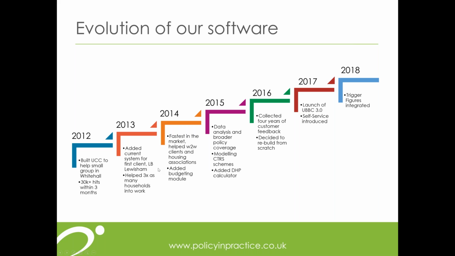With engagement with various different clients, we have developed the calculator over time. With London Borough of Lewisham, we mapped the legacy system into the Universal Credit Benefits and Budgeting calculator to see what the impact of moving from the legacy system to Universal Credit is going to be for residents. As such, we helped Lewisham help 3 times as many households back into work.